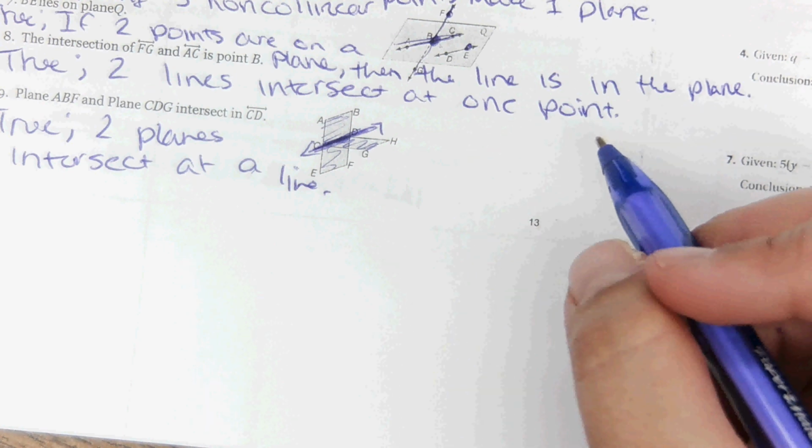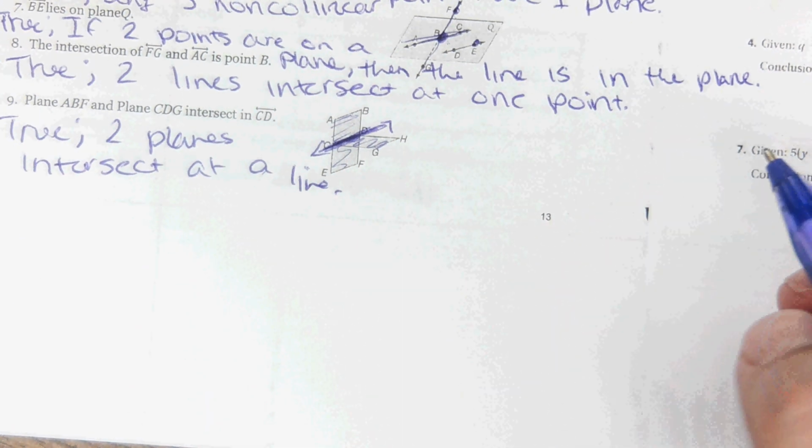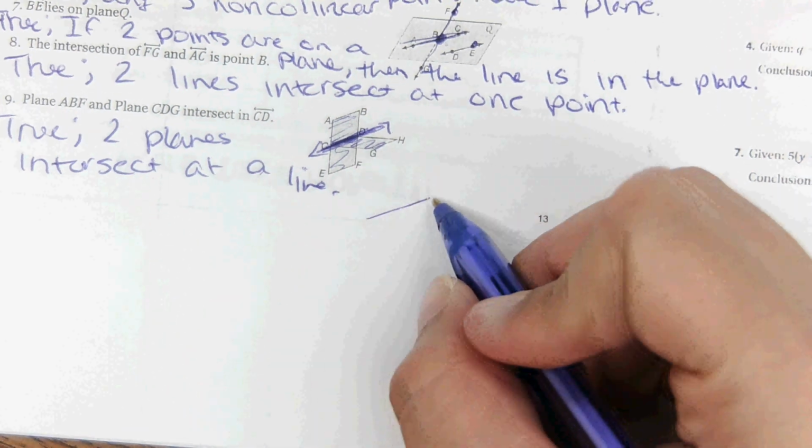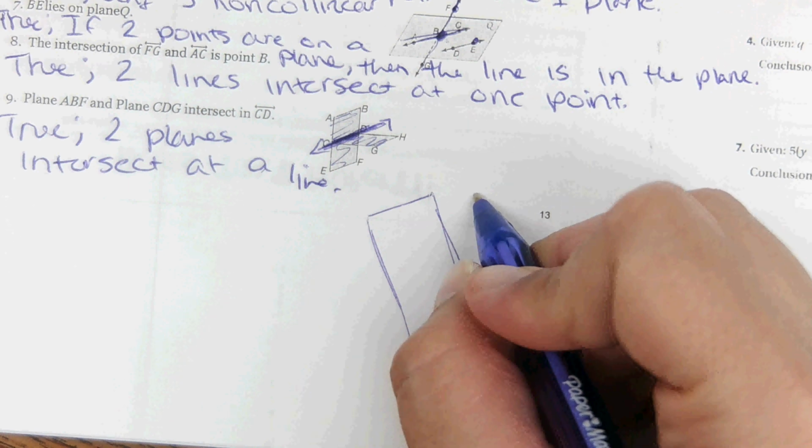Question, this comes up in one of the homework problems. 3 planes, what would 3 planes intersect at? Try to visualize it. You can visualize it different ways. I've never drawn this before, let's see how it comes out.